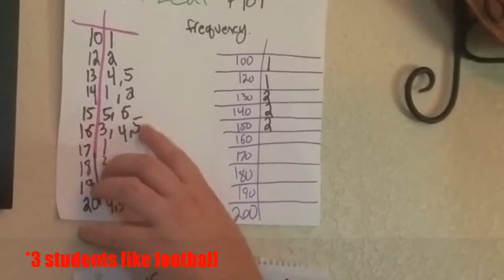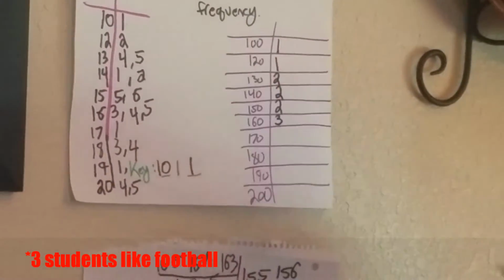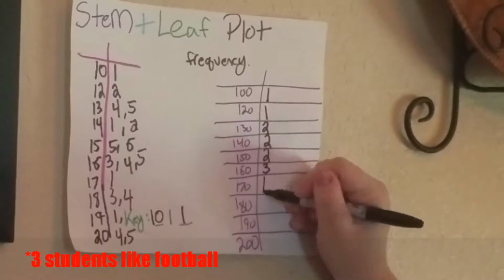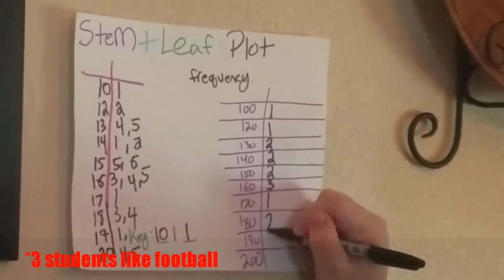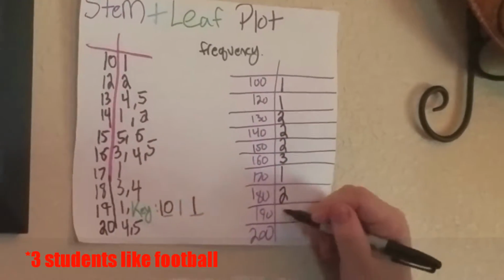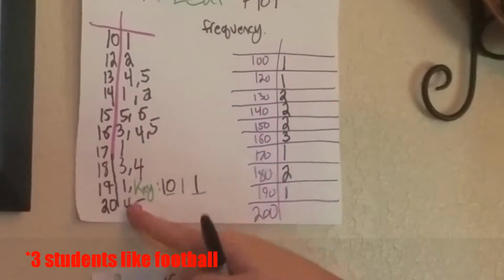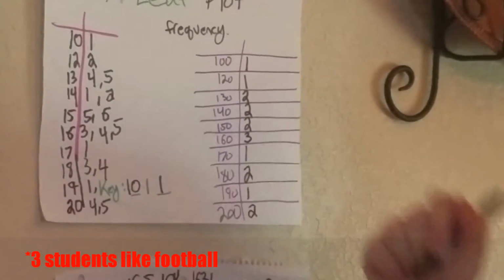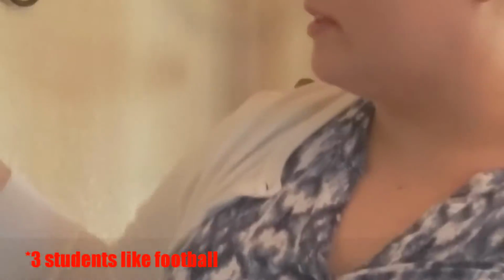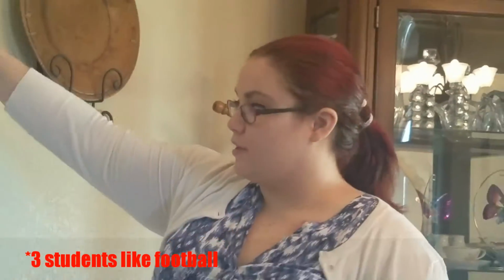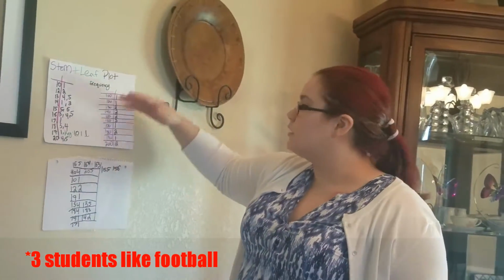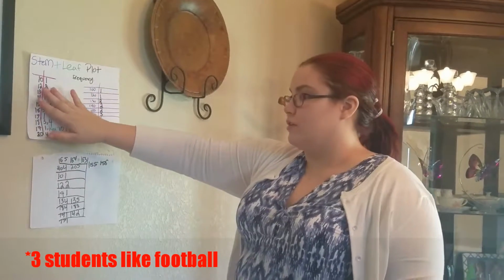And 160s is 1, 2, 3. 170s is 1. 180s is 2. The 90s we have 1. And then for our 200s we have 2 numbers. So that is how you set up your stem and leaf plot. Now you have your numbers completely organized from lowest to highest, and the frequency of how often those place values occur.